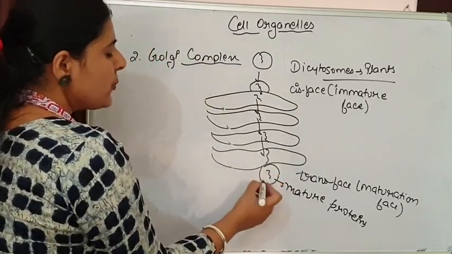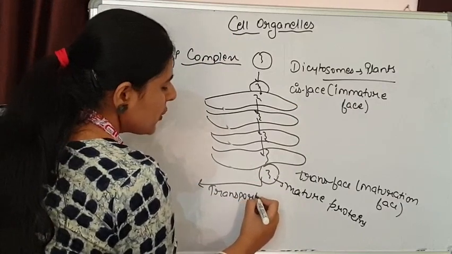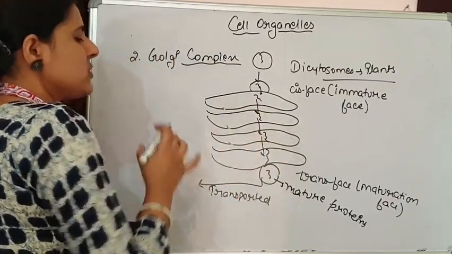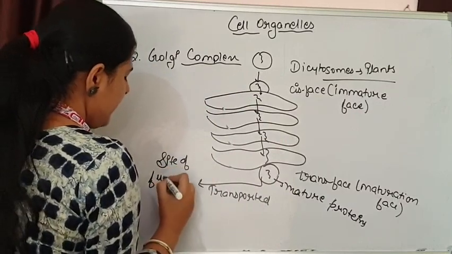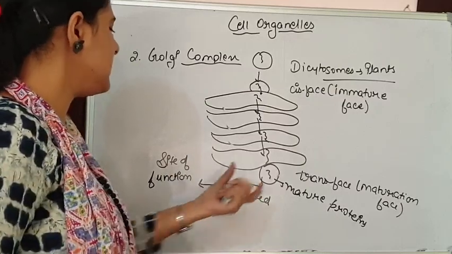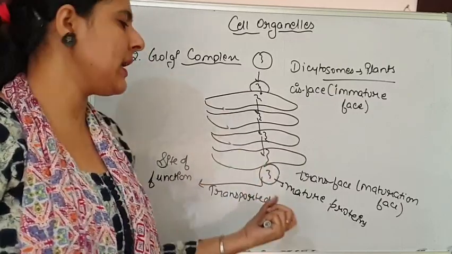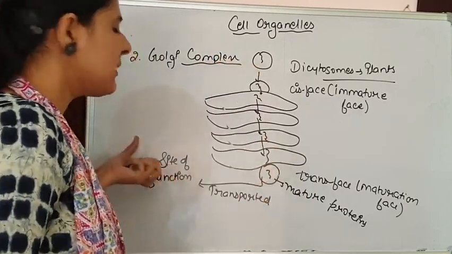And this mature protein will be transported by the Golgi body to where it has to function, at the site of function. If this protein has to function in the alimentary canal, or in the blood, wherever this protein has to function, this Golgi complex is going to transport it.